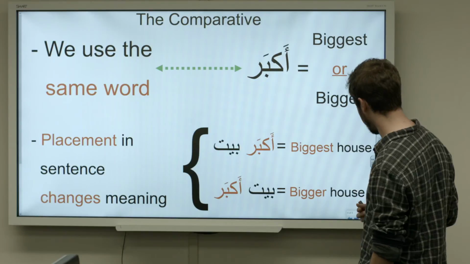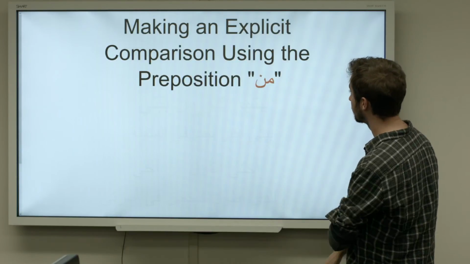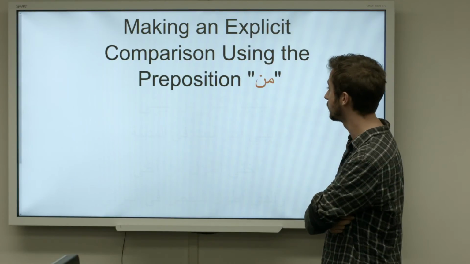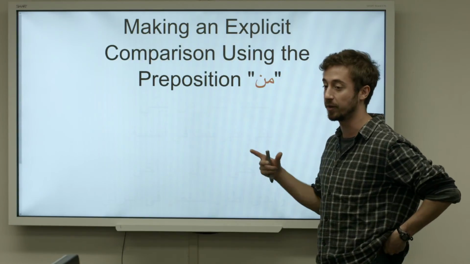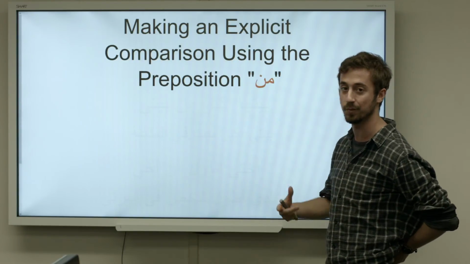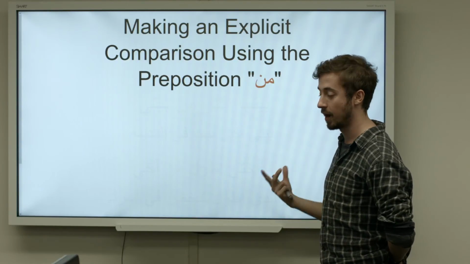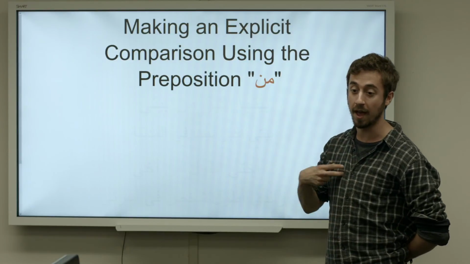So let's go over some sentences to just solidify that. Oh yeah, and one more thing is that when you're using the comparative, just like in English, when we say something is bigger, we often say it's bigger than something else, because we make an explicit comparison, is what it's called. You know, her house is bigger than mine, that guy is funnier than me.